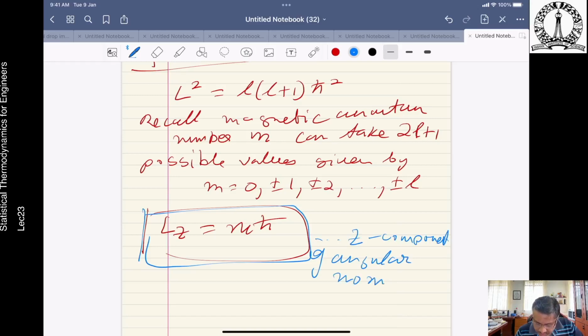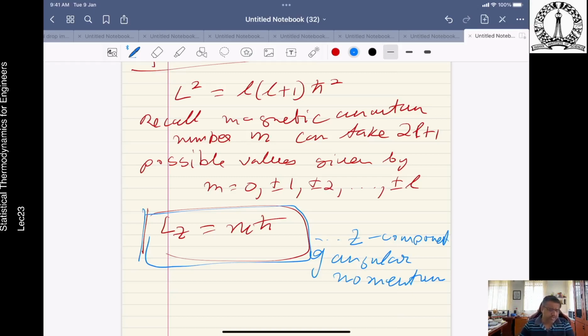So this led to the quantization along the z-axis, if you recall. But this time it is for atomic hydrogen. So it is the same thing now for atomic hydrogen, that we define the z component of the angular momentum, and that is quantized in that particular way.